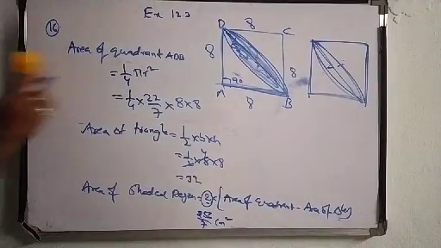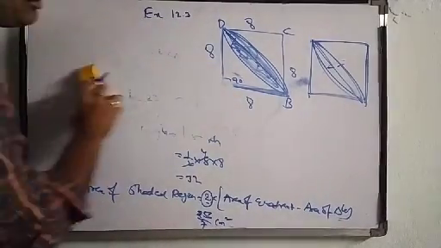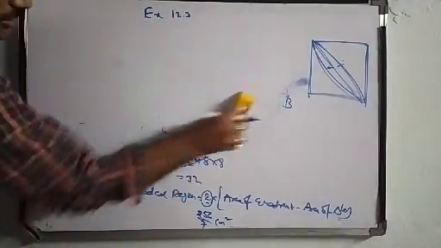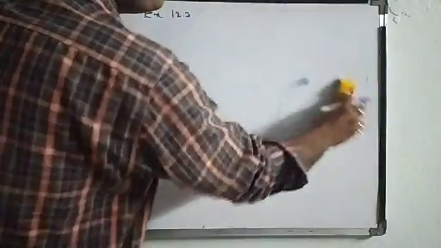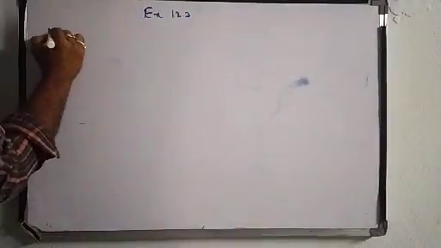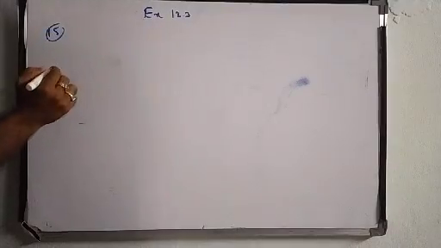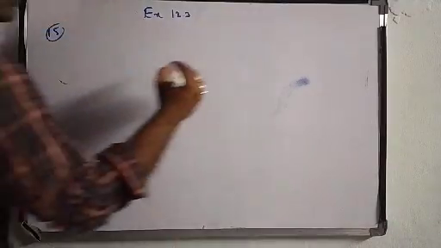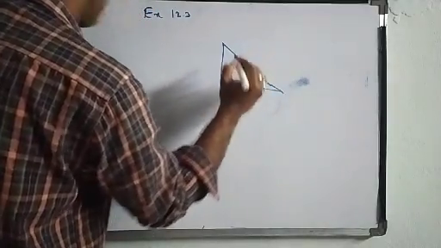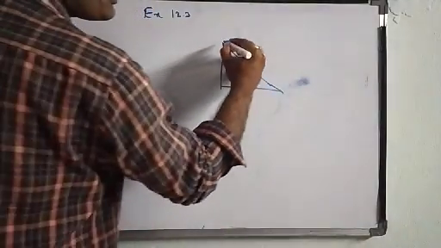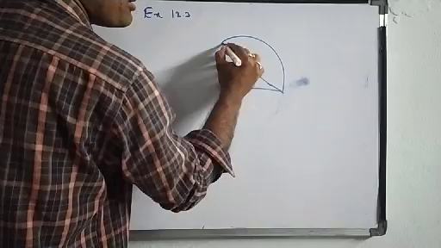Okay, next let us see the 15th question. So in 15th question, you can see that figure is already there in the question. So there is a right angle triangle, upon this there is a hemisphere.